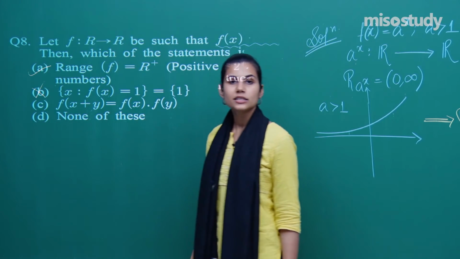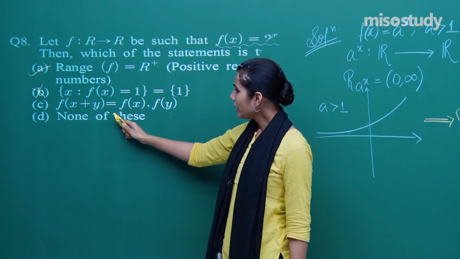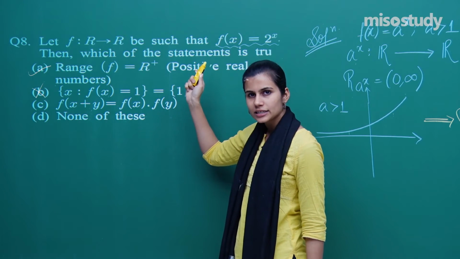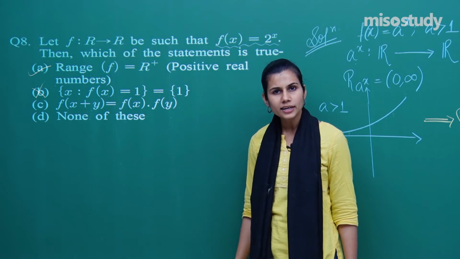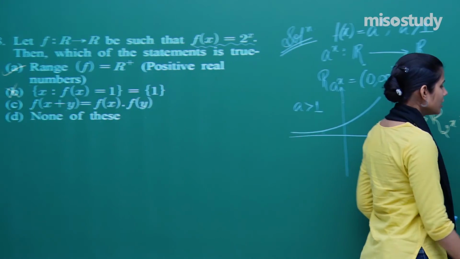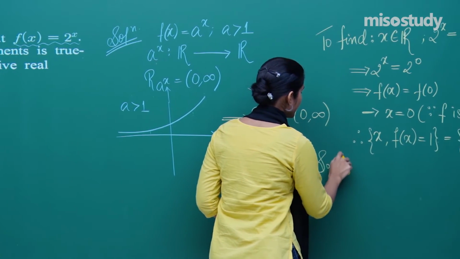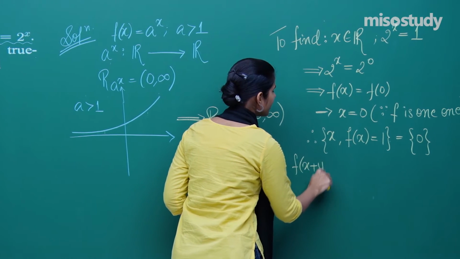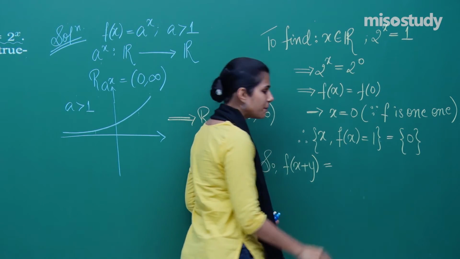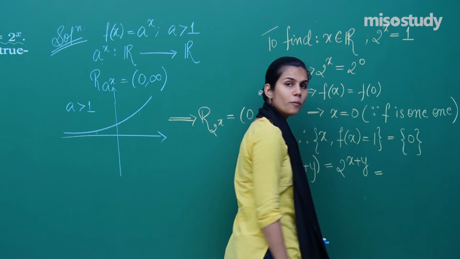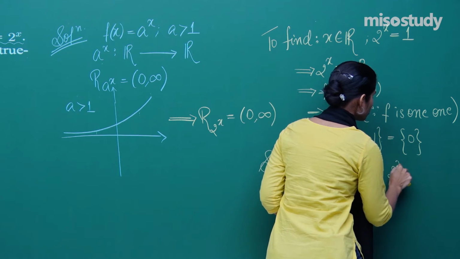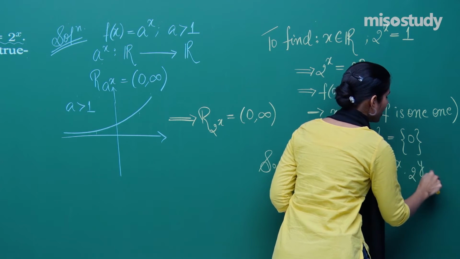and therefore B is wrong. Going to C, it is saying, does f satisfy that f(x plus y) is equal to f(x) into f(y)? Let's verify that. So, f(x plus y) is nothing but 2 to the power x plus y, which I know by the exponential rule is 2 to the power x into 2 to the power y.